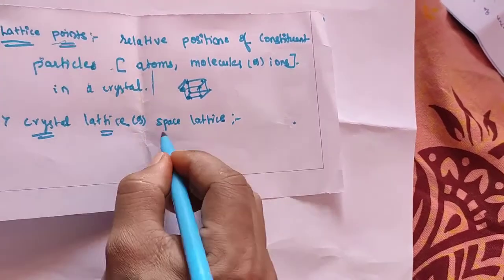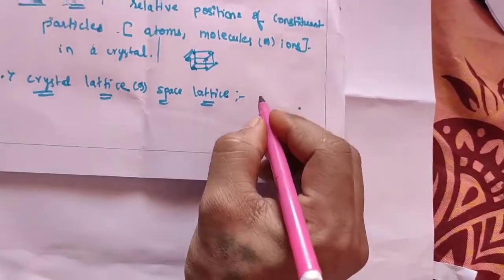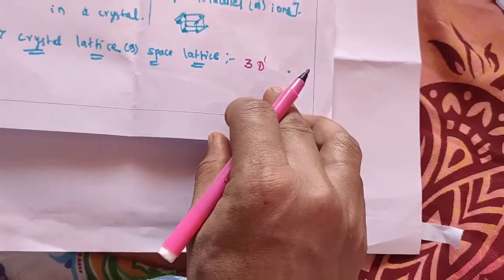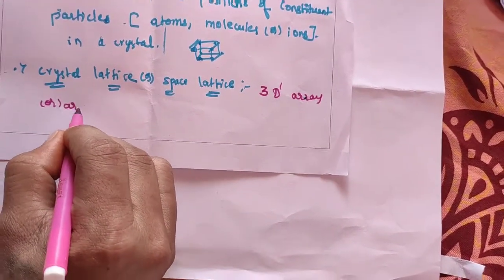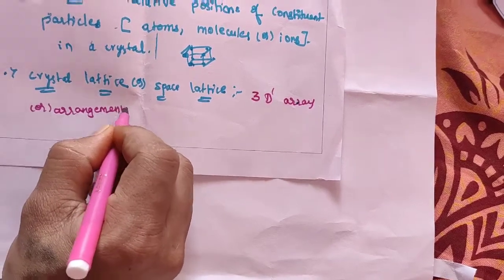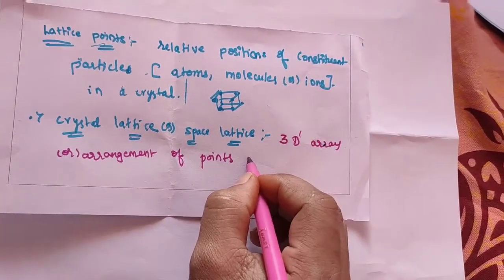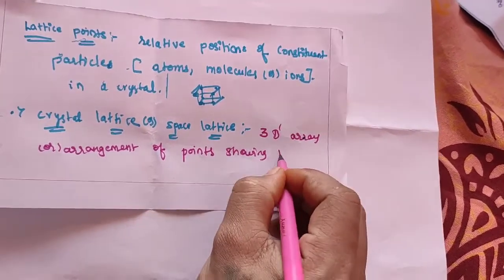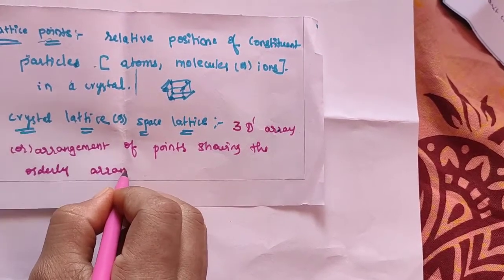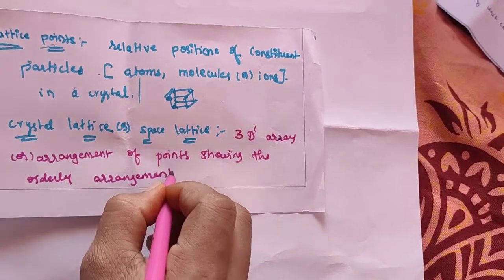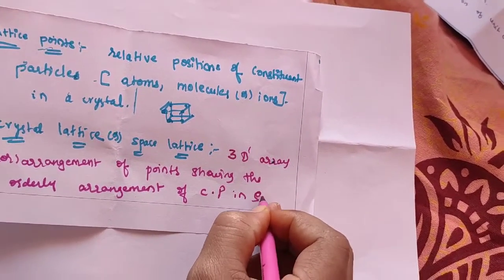Here crystal lattice or space lattice is a three-dimensional array or arrangement of points showing the orderly arrangement of constituent particles in space.